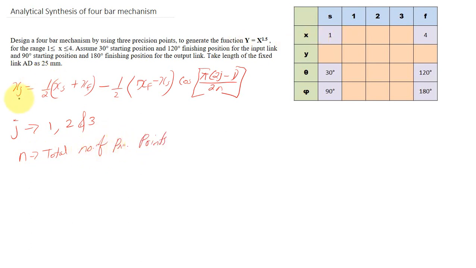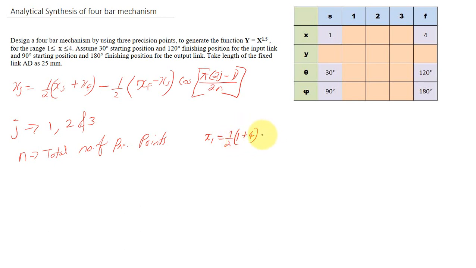Upon substituting j as 1 and n equal to 3, you will get the value of x1. So x1 is equal to 1 by 2 into (xs plus xf), where xs is equal to 1 and xf is equal to 4.